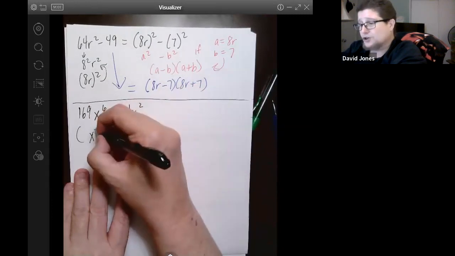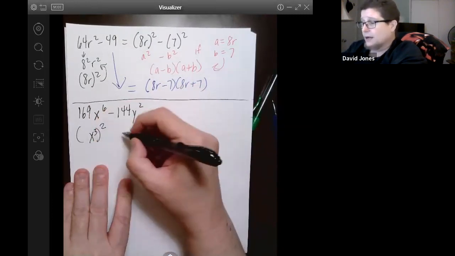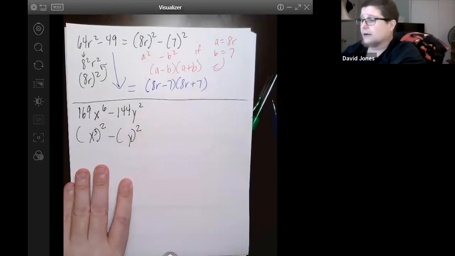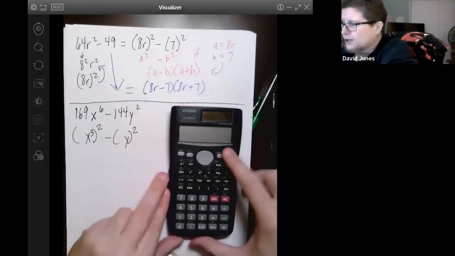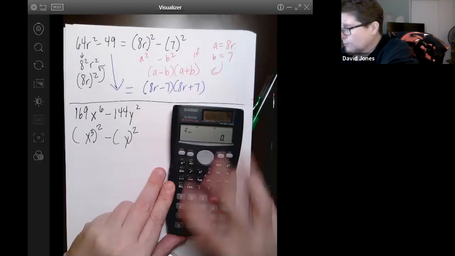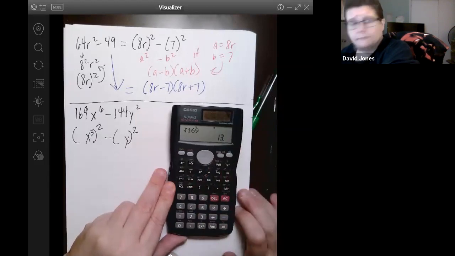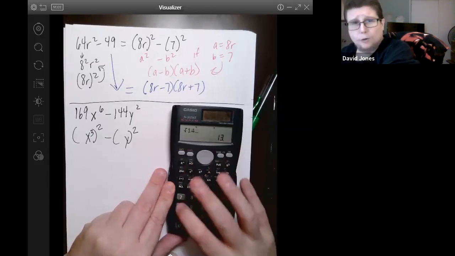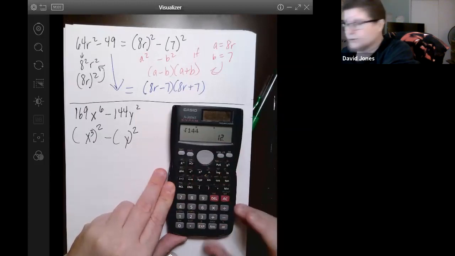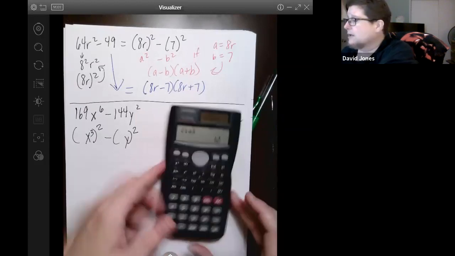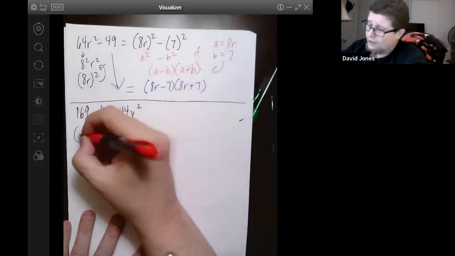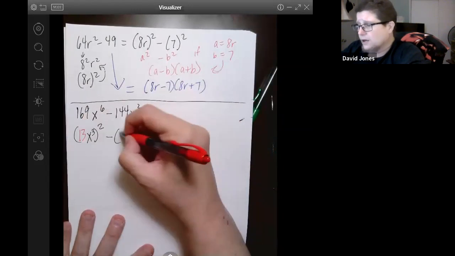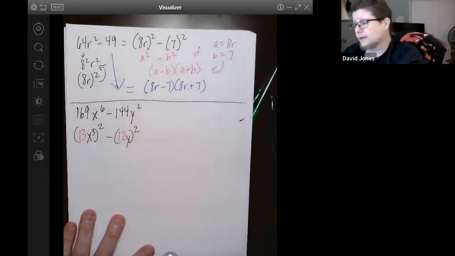I can have an x cubed there. And this might be a y in here. And then if you don't know those values, just use your square root function on a calculator. Square root of 169 is 13. 144 is a gross. Square root is 12. So we've got 13x cubed there, 12y there.